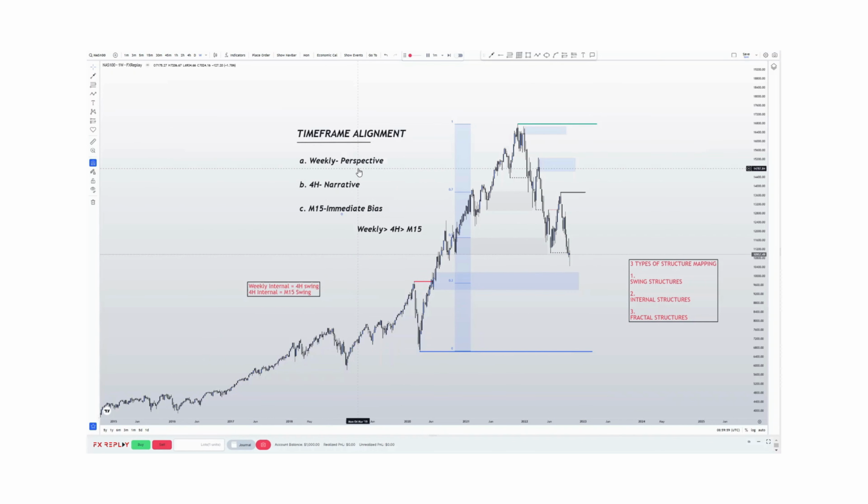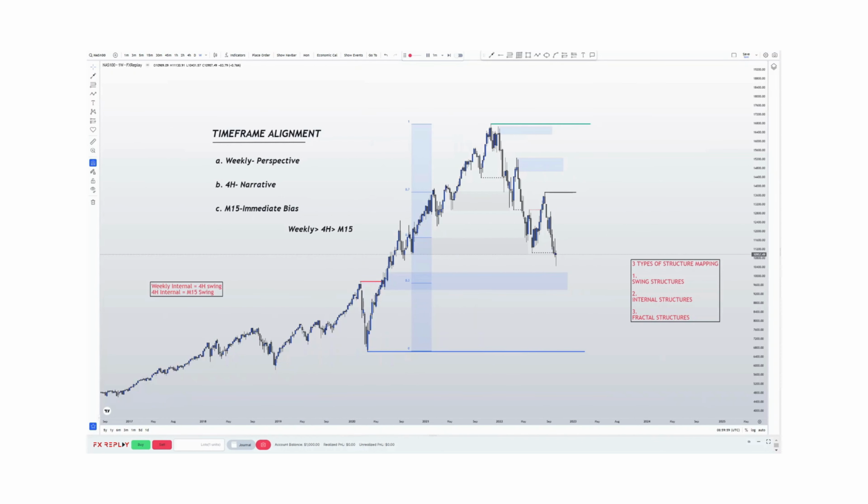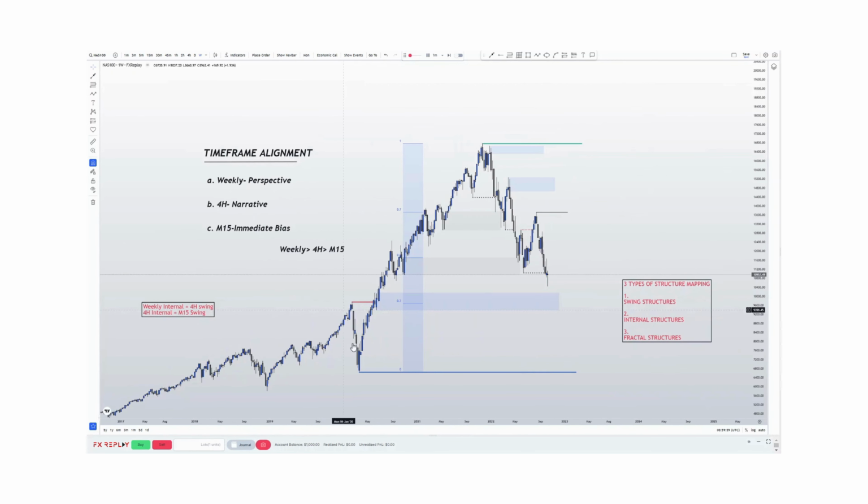So the weekly, we usually use it to understand perspective. Like right now we are in a bullish order flow, and that gives us a sense that Nasdaq, like this is a 2022 chart.